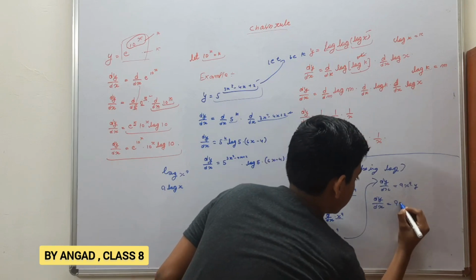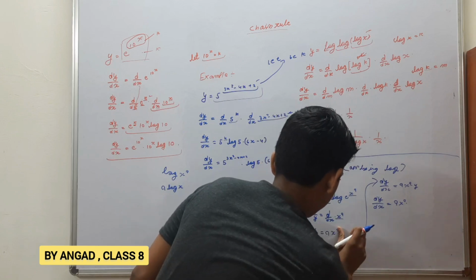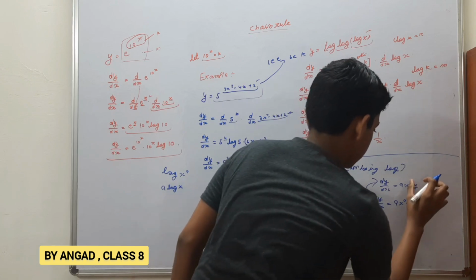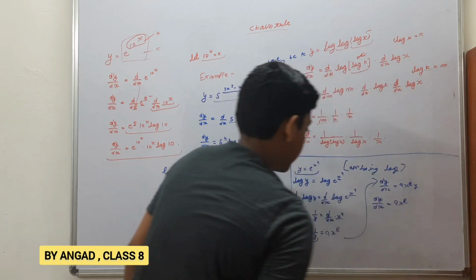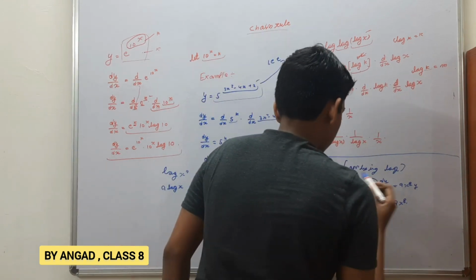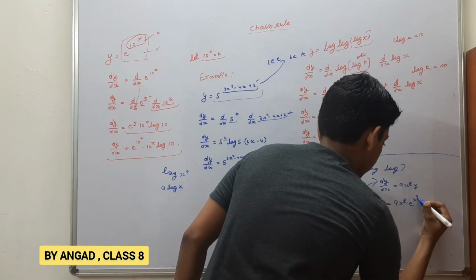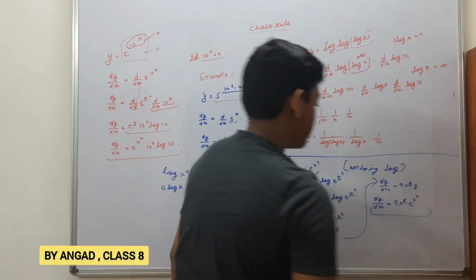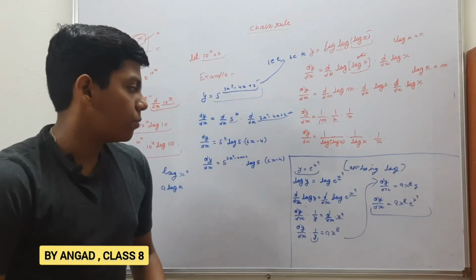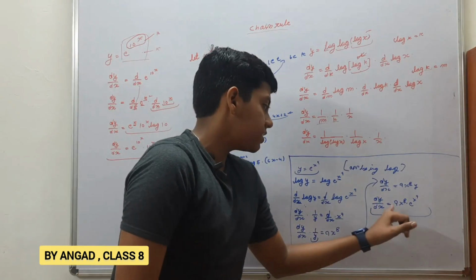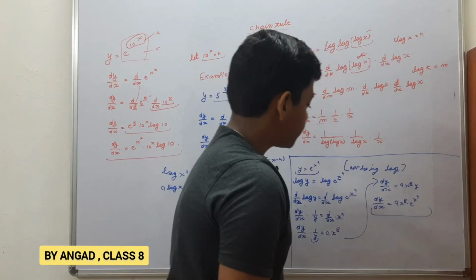Sorry, it is 9x to the power 8, then e to the power x to the power 9. This is your answer. I hope you guys understood it. dy by dx is 9x^8 into e to the power x^9.